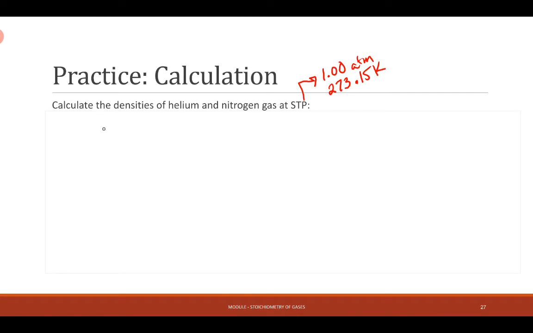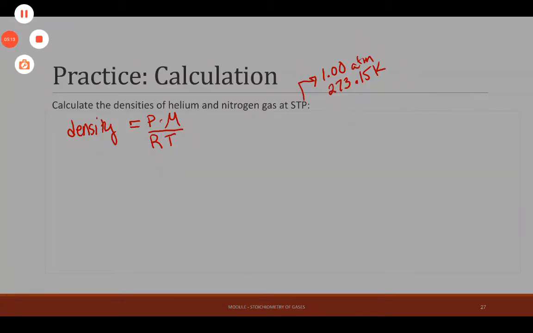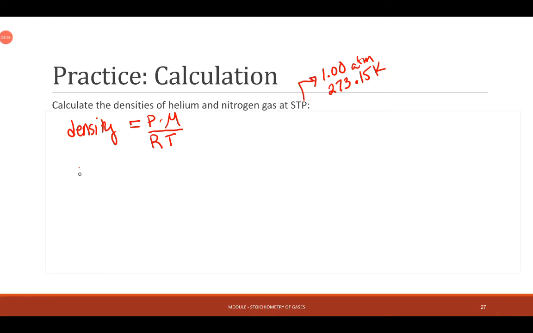So if I'm going to calculate my density, it is equal to my pressure times my molar mass divided by RT. So for helium, that would be equal to my pressure of 1.00 atmospheres, my molar mass of helium, which is 4.003 grams per mole.